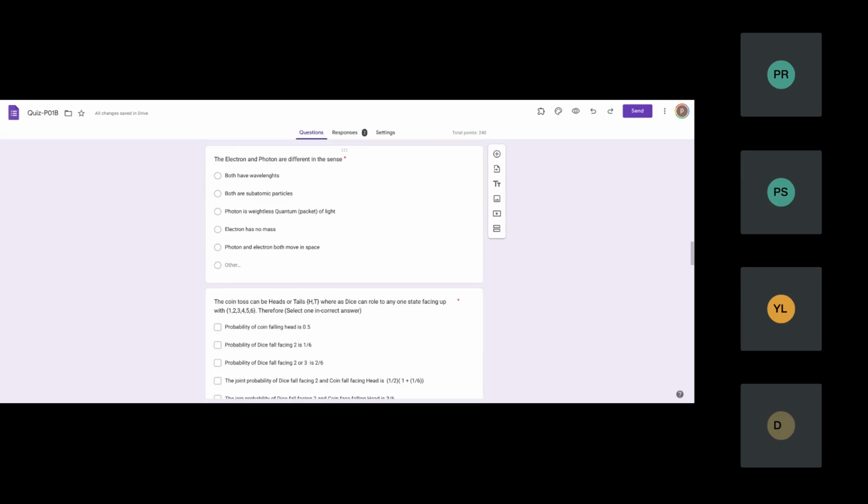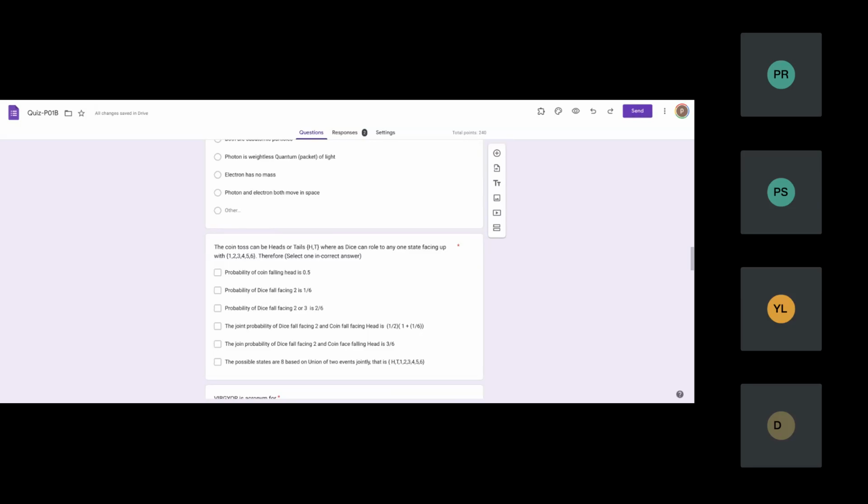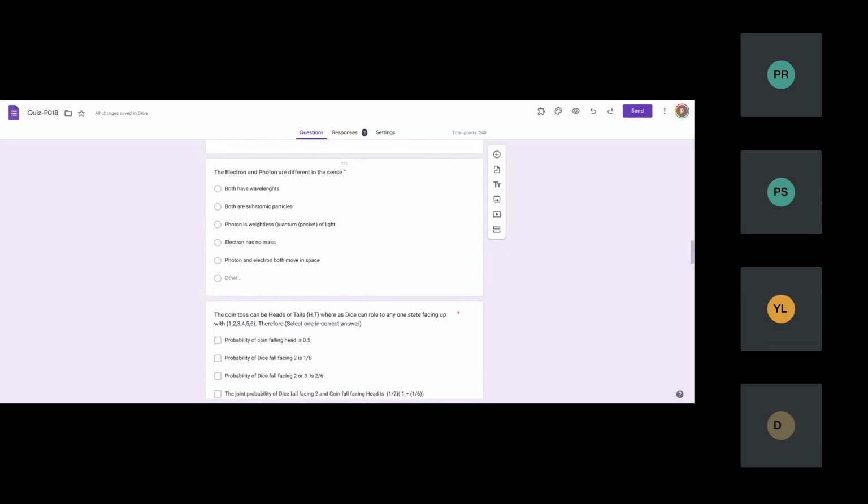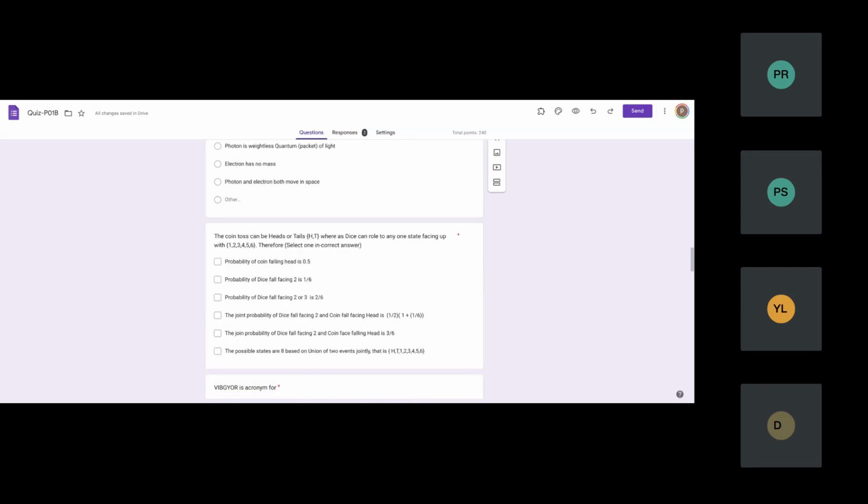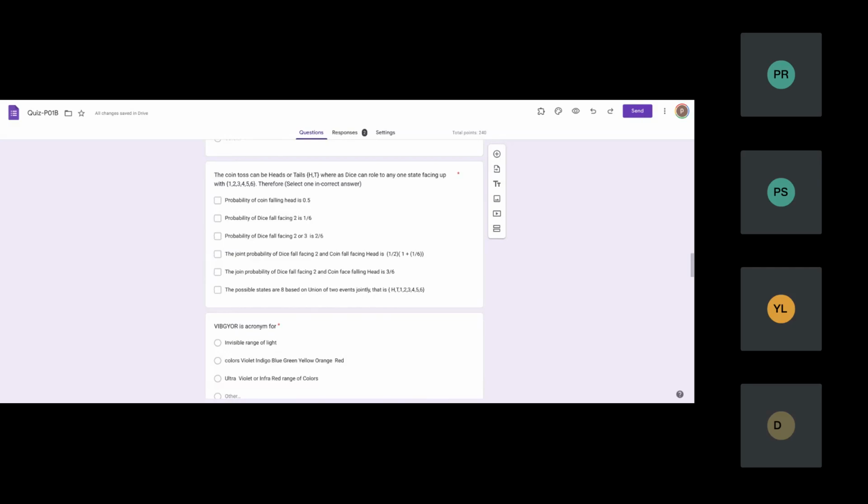That is the big difference. Electron has no mass? No, that is wrong. Electron has mass. Photon has no mass, in fact. Photon and electron both move in space. That is correct. So the answer is the third: photon is weightless, a quantum packet of light.